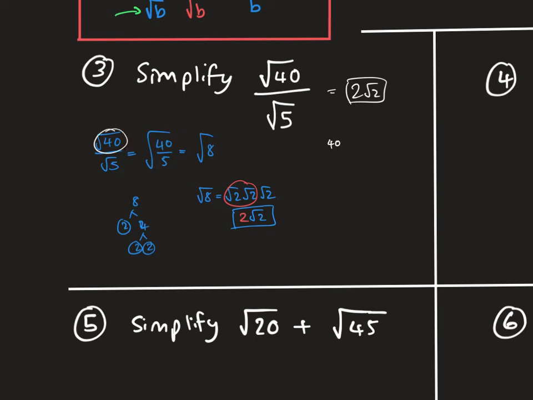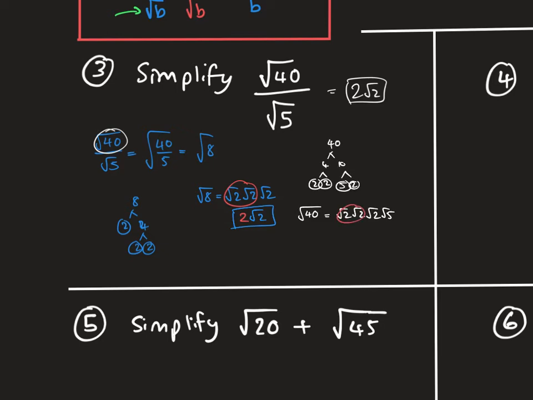Here, if we do 40 on the top, 40 would be 4 times 10, which is 2 times 2, and that's 5 times 2 there. So we can see that root 40 is the same as root 2, root 2, root 2, root 5.